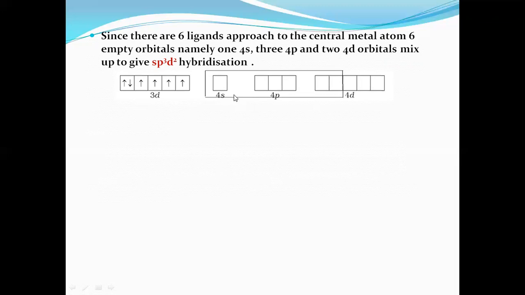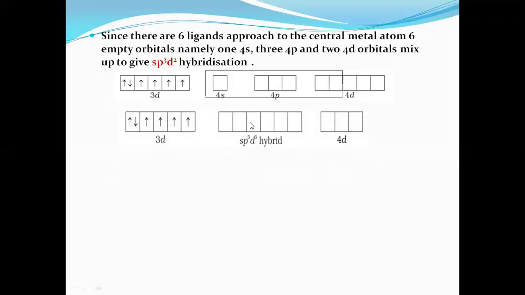Hence, the central metal atom utilizes its valence shell 4s, 4p and 4d orbitals for hybridization. How many? 6 orbitals are required. Therefore, one 4s, three 4p, and two 4d, so a total of 6 orbitals are used.